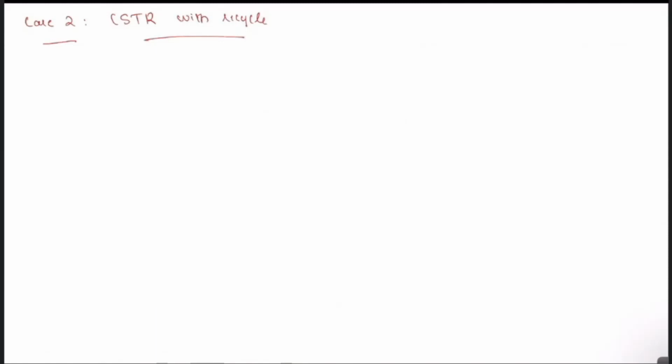So we'll draw a simple schematic here. So we have a CSTR like this. This is our inlet concentration Ca0. This is our outlet CAF, and let this be our recycle stream.